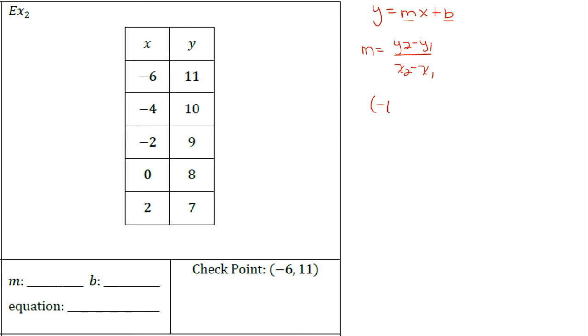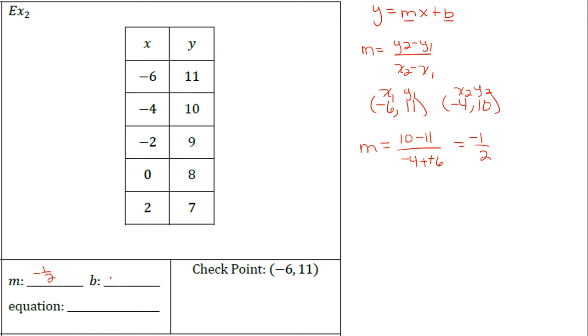So I have (-6, 11) and (-4, 10). So we have x sub 1, y sub 1, x sub 2, and y sub 2. When we put those in the formula, we have 10 minus 11 compared to -4 minus -6. 10 minus 11 is a -1, -4 plus 6 is 2, so our slope is -1/2.